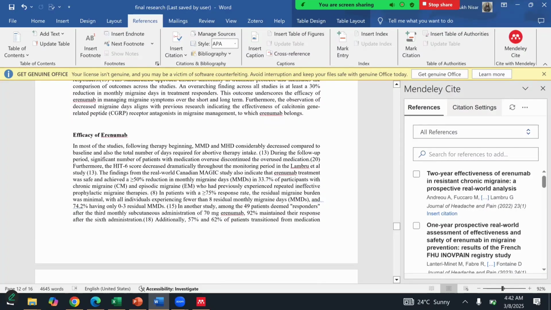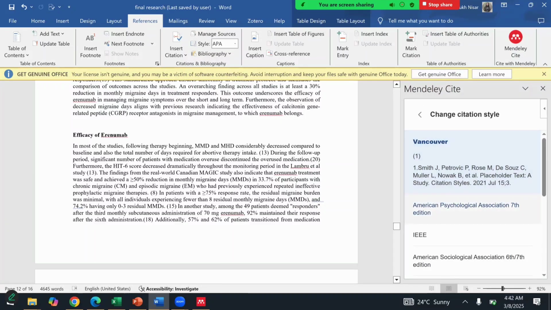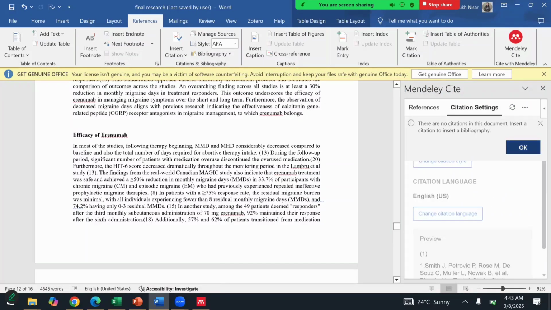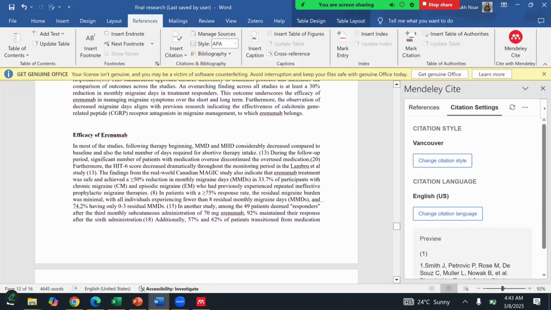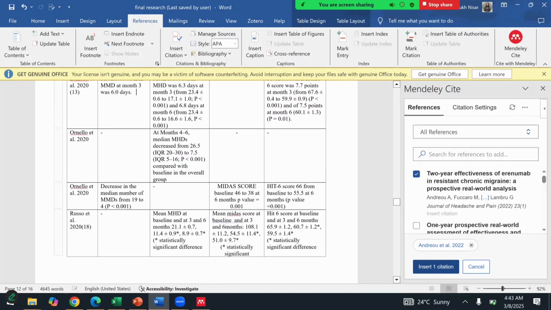Then you have to go to citation settings, choose the Vancouver style. It's already Vancouver. Also, you have to insert bibliography and then add the reference. For example, go to references and you took this line from this article, then you have to click on this and insert one citation.